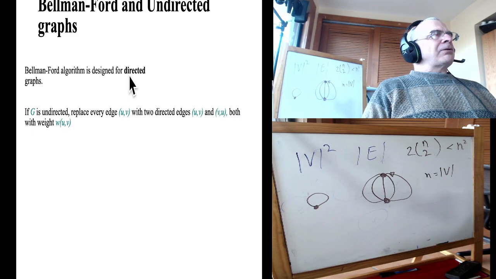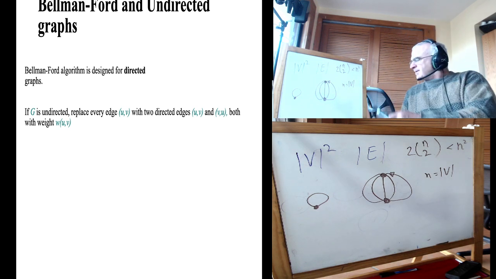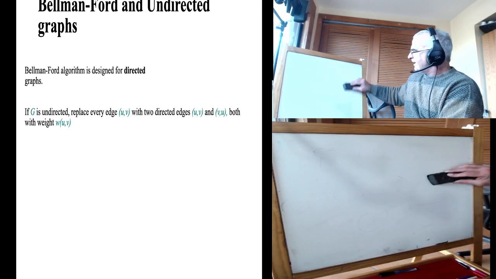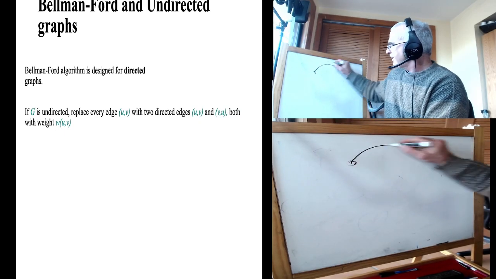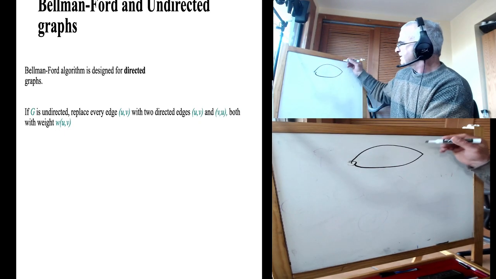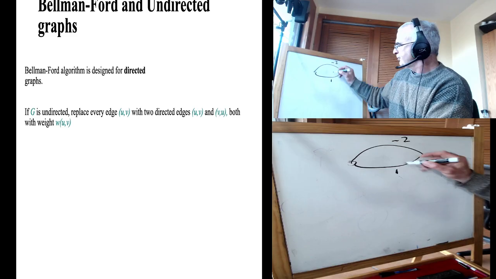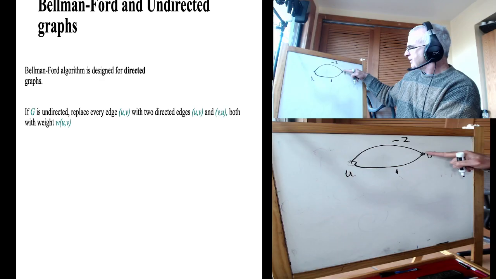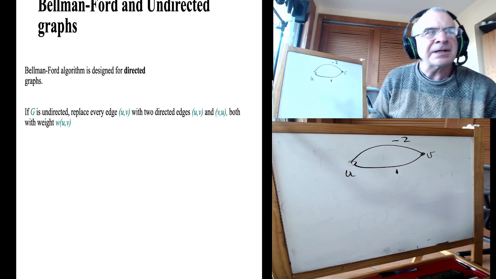It's not crucial, you can actually run it also on an undirected graph, but somehow undirected graphs and negative edges contradict each other. Let's think about a graph with an edge between U and V, and I ask you what is the distance from U to V. It's an undirected graph, so you can do our trick with a cycle as many times as you want.